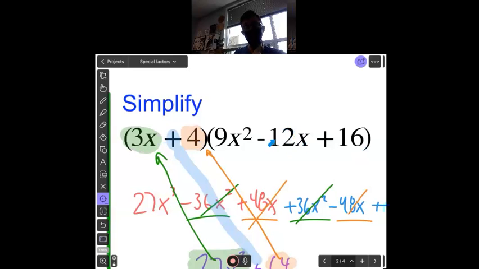So that's where that number came from. This is always a positive. And this sign is always the opposite of whatever that is. So these two signs are always the opposites of each other. And those being opposites is what makes those things cancel out. Okay? One of them has to be positive, one has to be negative. It doesn't matter which one. Okay? That makes all that stuff cancel.